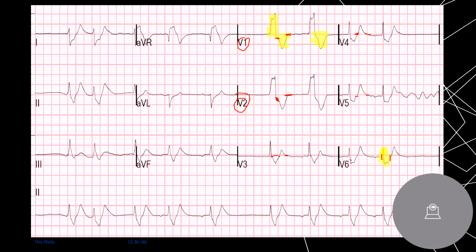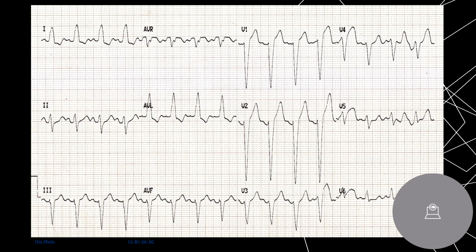Okay? That thing's humongously wide. If you look at lead 1, is this wide or narrow? QRS, QRS, QRS. This is where it ends. That's the beginning. This whole thing is an S wave. That thing is monstrous. All right. Let's move on.